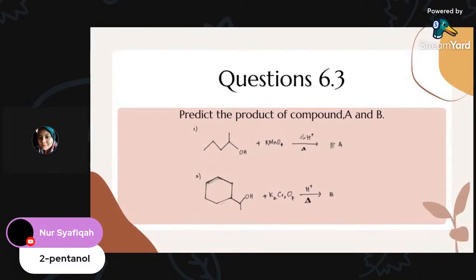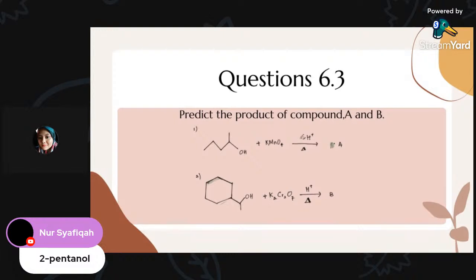Okay, give the name of the product. IUPAC name of the product. Okey, kat sini kita ada OH. Okey, dia mengalami oxidation. Kita akan dapat ketone juga. Okey, OH ni akan digantikan dengan C double bond O. So, apa nama produk tu? Cuba try.